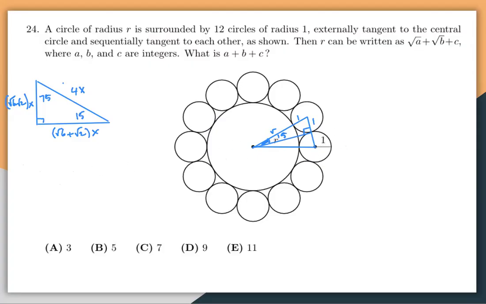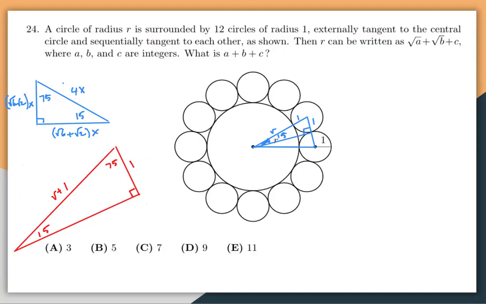But let's now use this one. So we have the triangle like this, right? We have 1 here, and then this is R plus 1, and then this is 75 and 15.